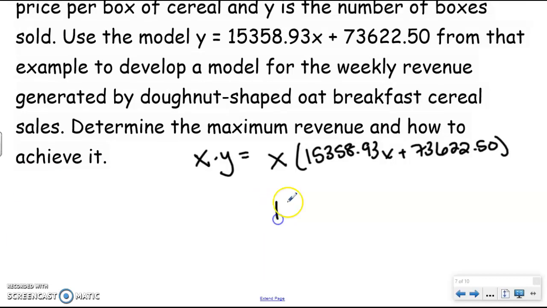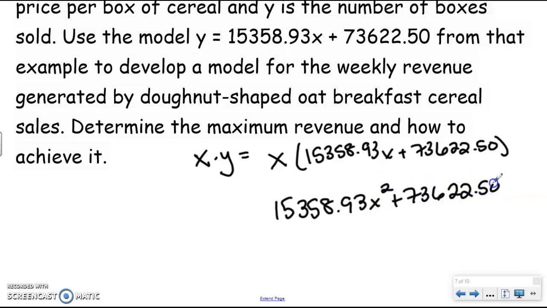So I have an x squared in there, and then x. Okay, so this is our function that we're going to work with here, and we're going to find the maximum.